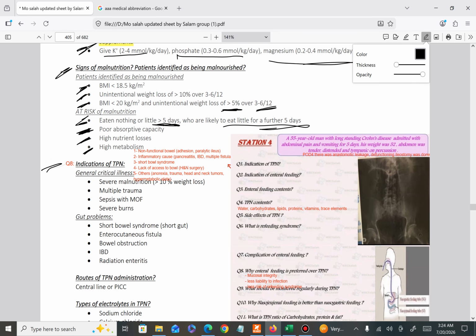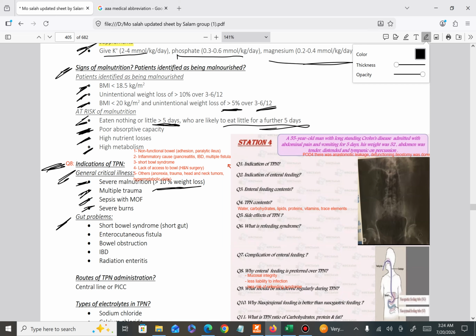Then the next question is indications of TPN. It can be general critical illness and gut problems. General critical illness involves severe malnutrition, more than 10% weight loss, multiple trauma, sepsis with multiple organ failure, and severe burns.